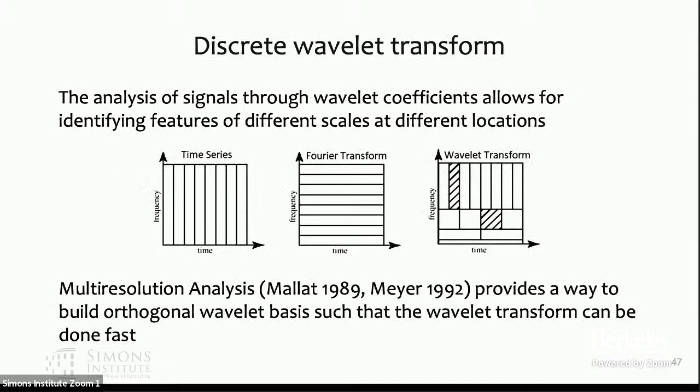So here's a one-slide tutorial on wavelets. A time series just tiles the time and frequency domain through bars. You don't worry about frequency, you just look at every time point. With the Fourier transform, you look only at the frequency domain and ignore the time.